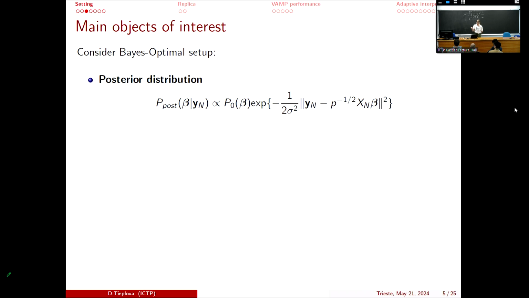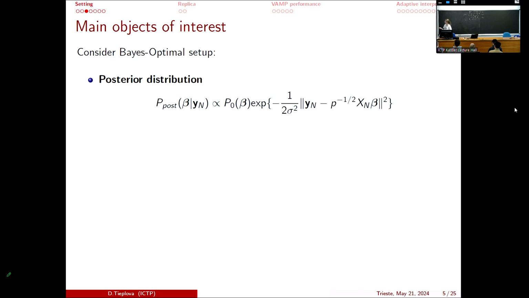In order to describe it, we will start with the posterior distribution, which is the distribution of our signal with respect to the observations that we have, and to find it, we use Bayes' law. It says that this posterior distribution is proportional to the prior distribution of our signal, the true distribution of our signal, multiplied by the distribution of the observation conditionally on all the parameters and the signal.